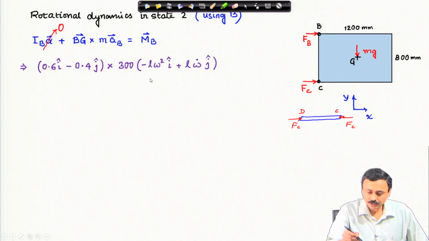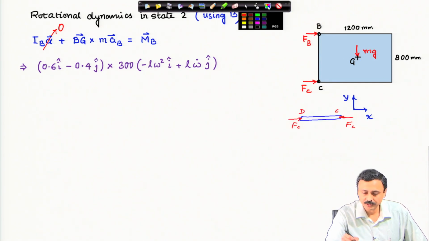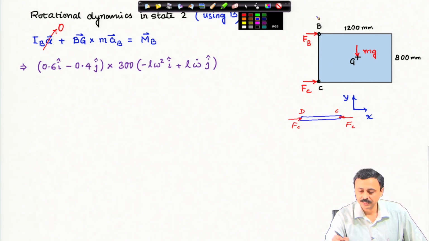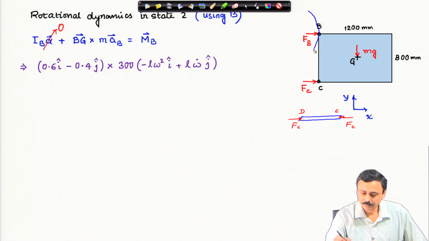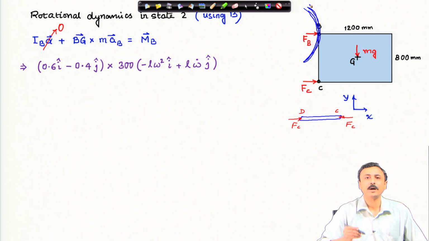B. Note that B is moving on a circular path with A as the center. Therefore, this is moving on this circular path.